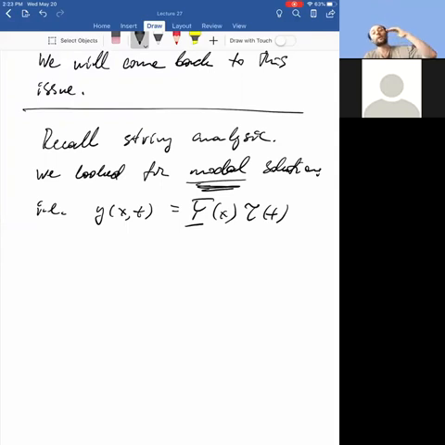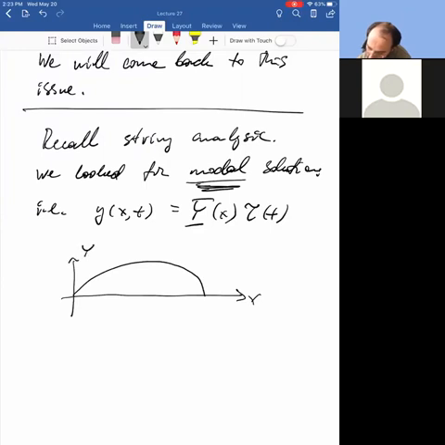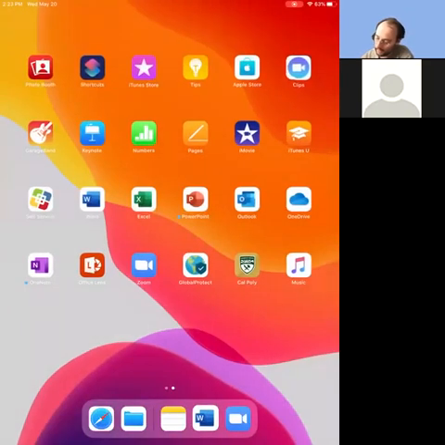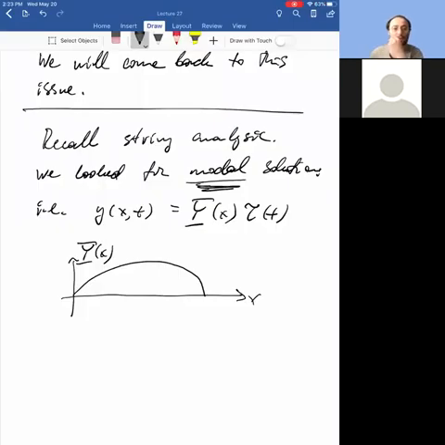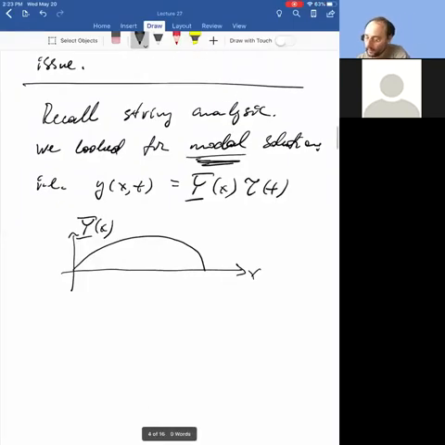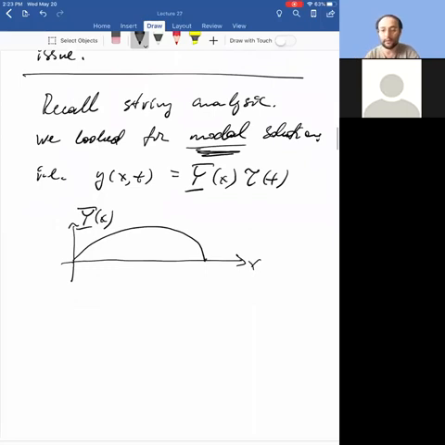We found that there's a whole ladder of modes: mode 1, mode 2, mode 3, and the spatial solution can be thought of as an amplitude profile. So if you have a spatial solution like that, that's your amplitude profile. Okay, so what do we do next? Remember, what did we do next?